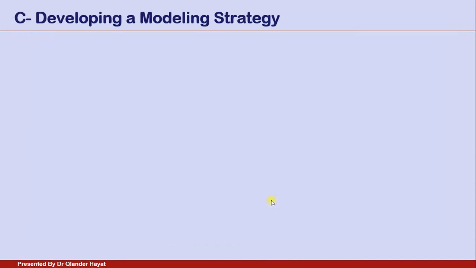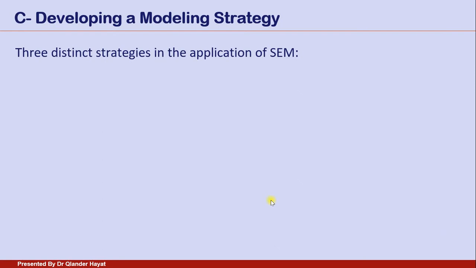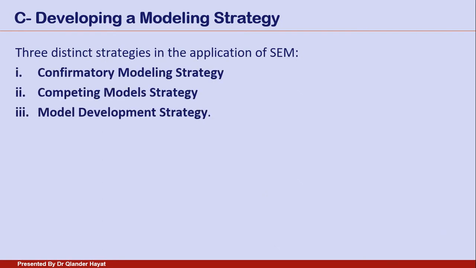The other thing is developing a modeling strategy. There are three strategies, and the first one is the confirmatory modeling strategy. It means when we specify the relationships of variables, we just confirm whether this relationship fits our model or not.